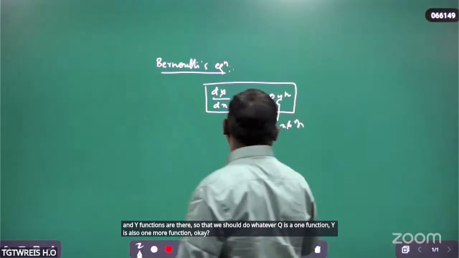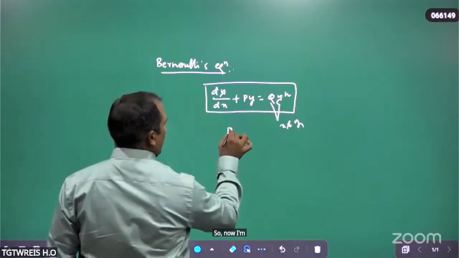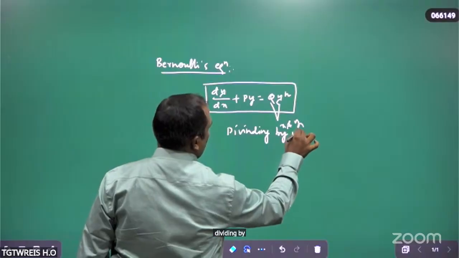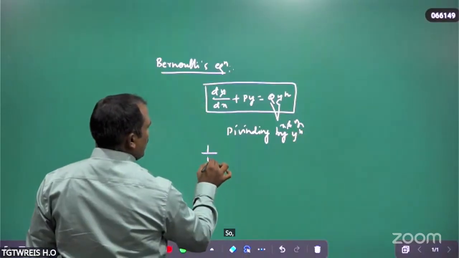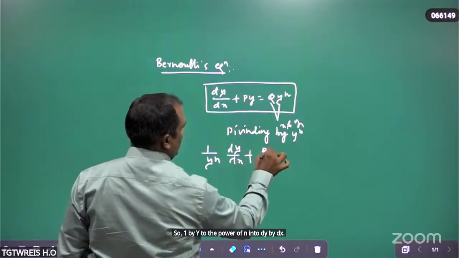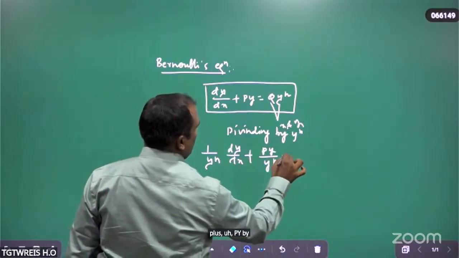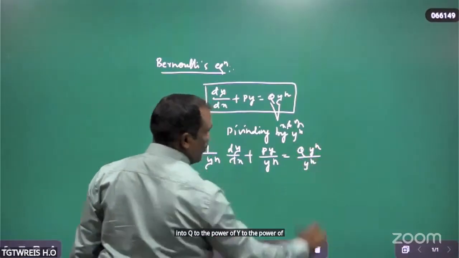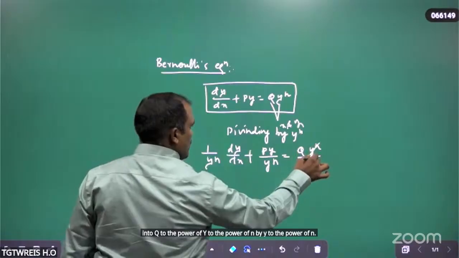Now I am dividing by y to the power of n. So 1 by y to the power of n into dy by dx plus py by y to the power of n equals q into y to the power of n by y to the power of n, so those terms cancel.